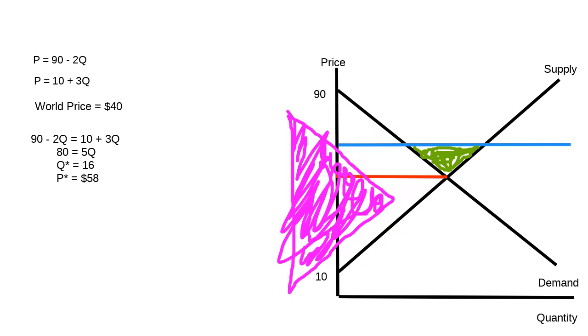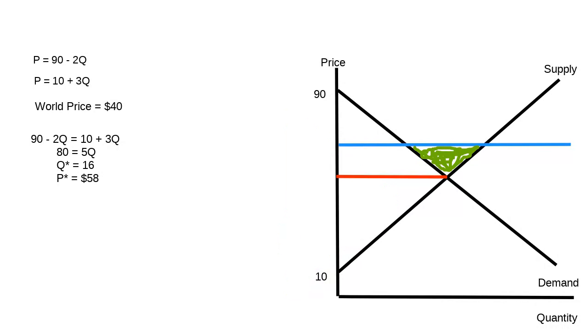Let's see if we can clear some of this up here. So let's write down the equilibrium price, which is 58, and the quantity, just for completeness.